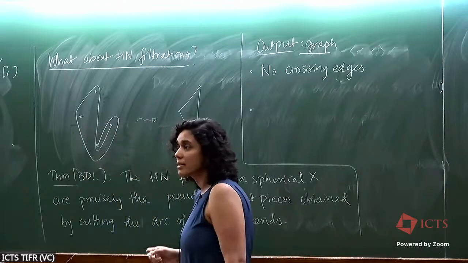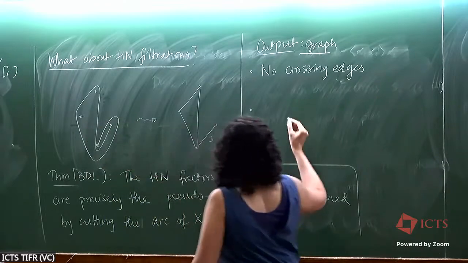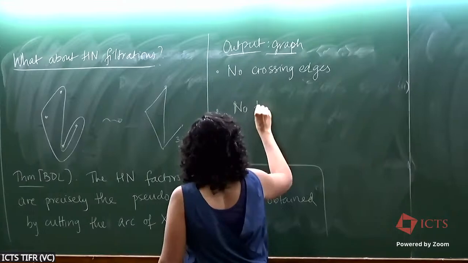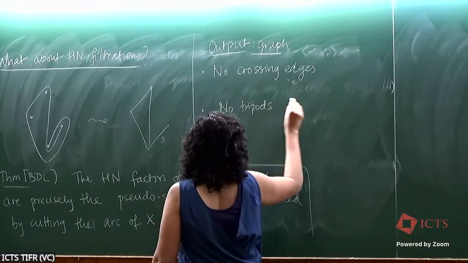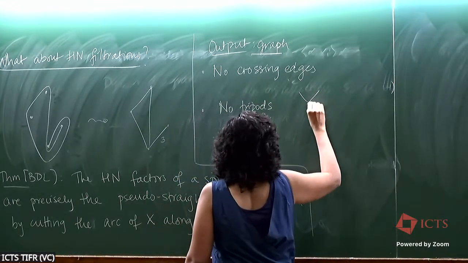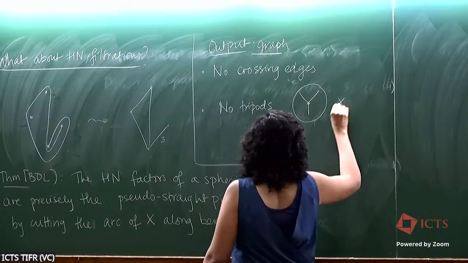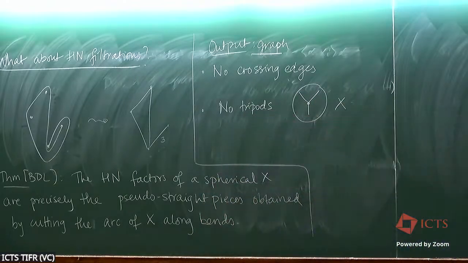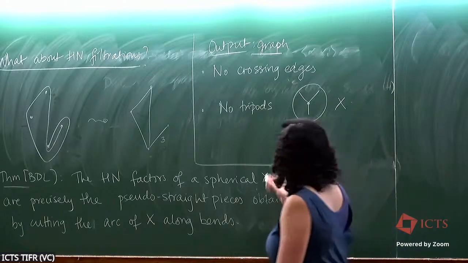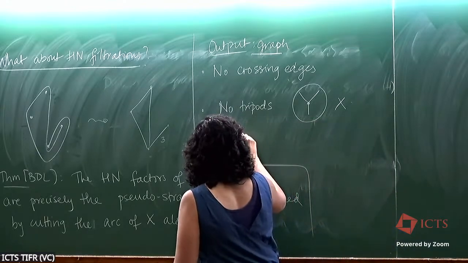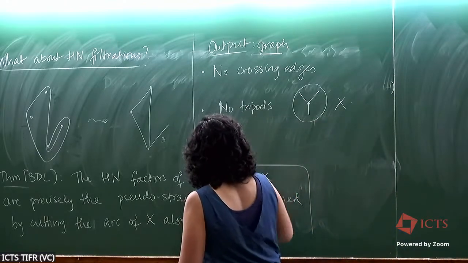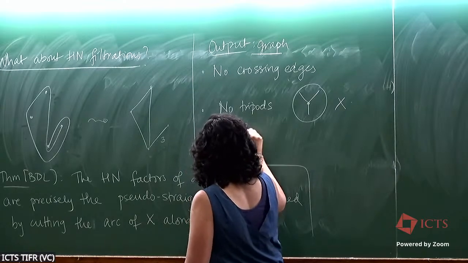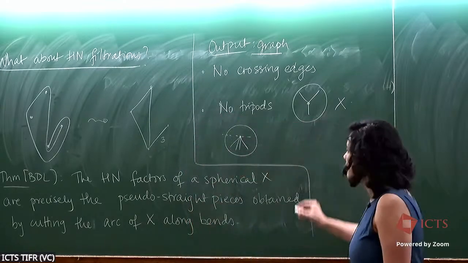So no tripods. Things like this cannot happen. Stated differently, at every vertex, all the edges that emanate live in a single half space.